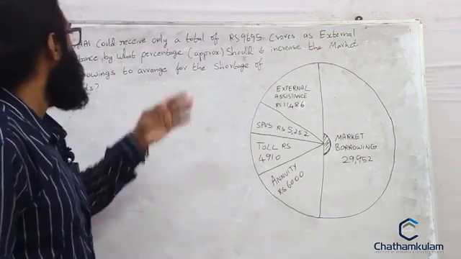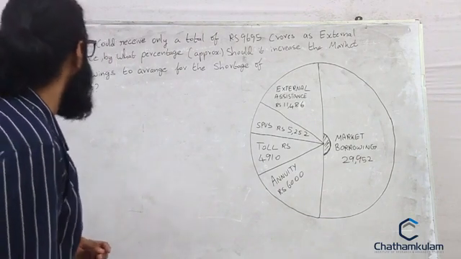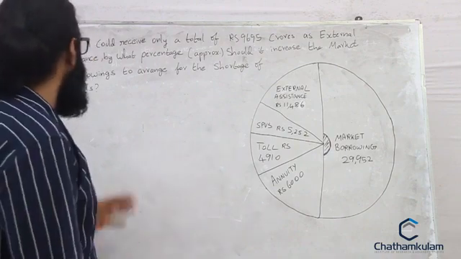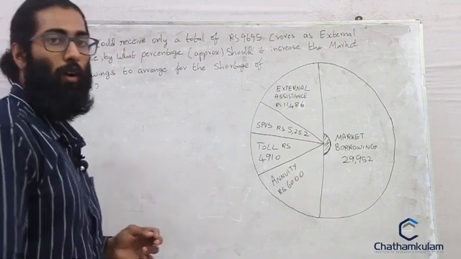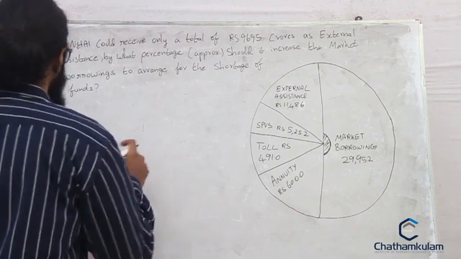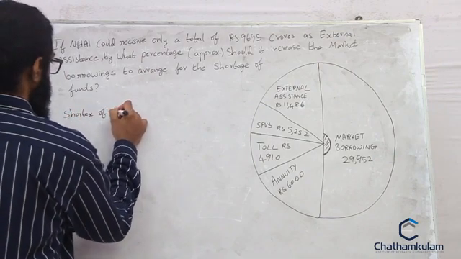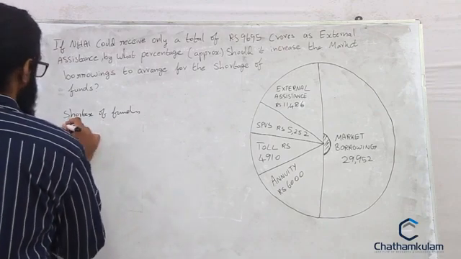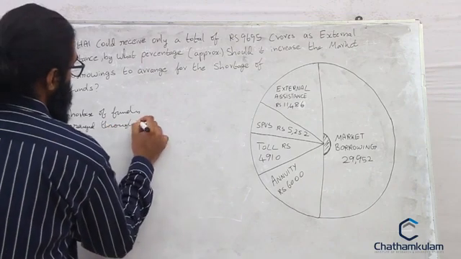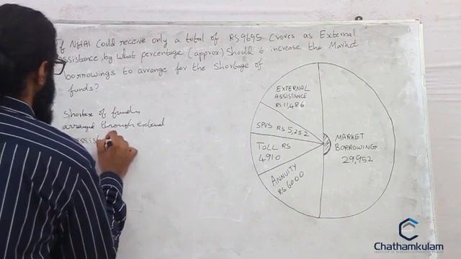If NHAI could receive only a total of rupees 9,695 crores as external assistance, by what percentage should it increase the market borrowings to arrange for the shortage of funds? So first we will look at the amount for shortage of funds arranged through external assistance.